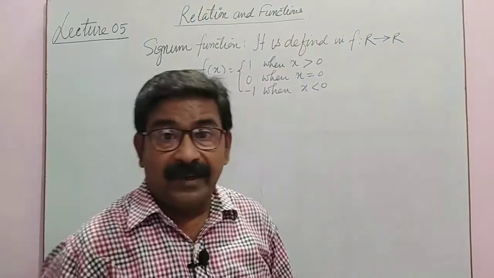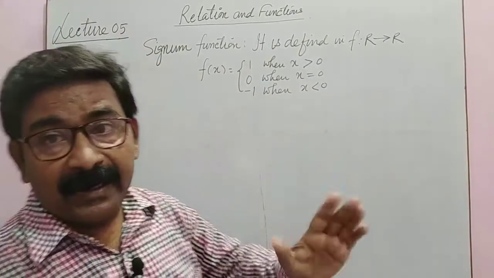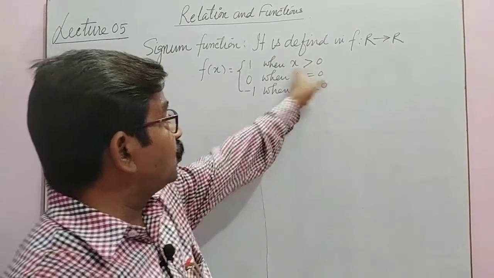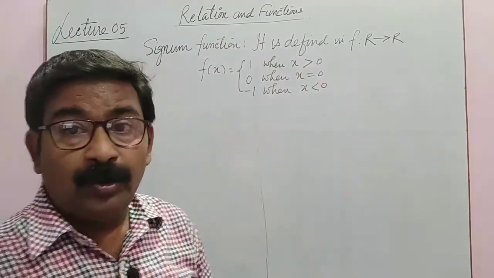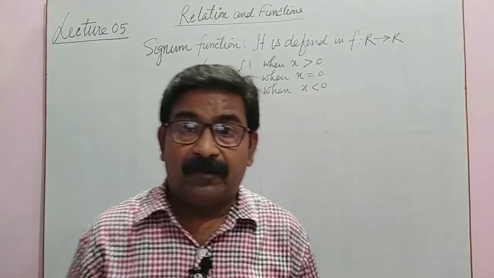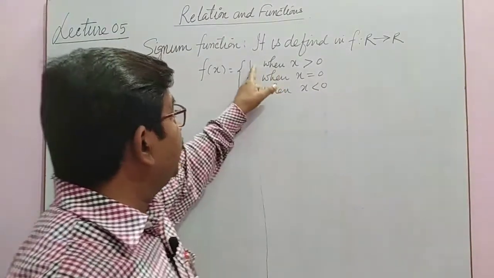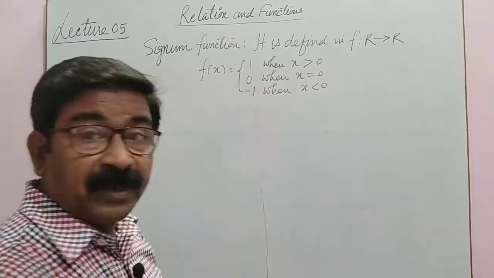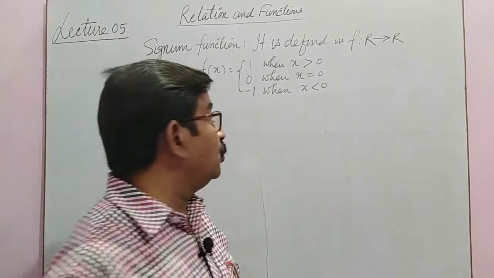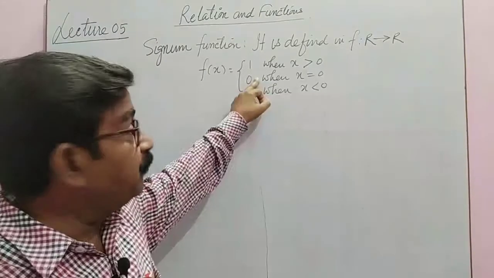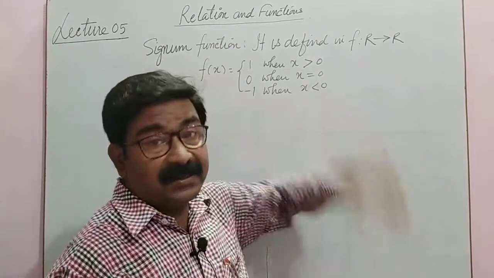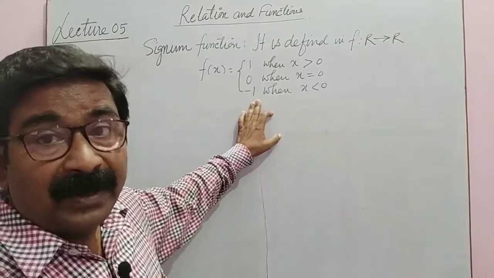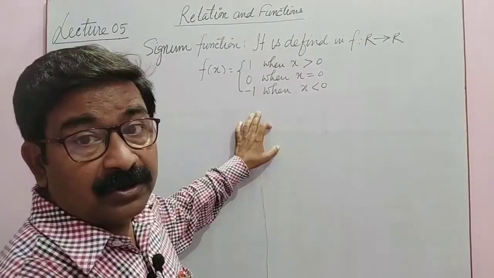For any positive real number x, its value is always 1. If you take x equal to 0, its value becomes 0. And if you take x less than 0, meaning a negative real number, its value is -1, because it is a constant function.